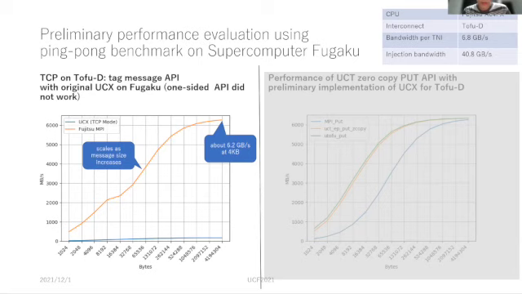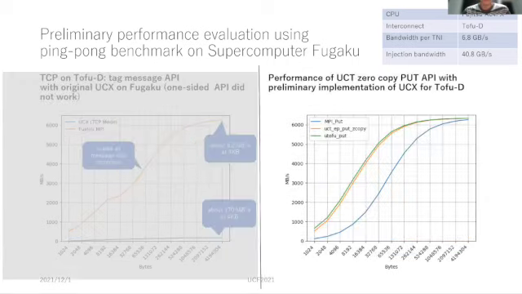However, for UCX with the largest message size, we could only achieve about 170 megabytes per second at 4 kilobyte messages. So this is just one evaluation of the TCP protocol with UCX, but it obviously shows that we need to port UCX to Tofu D if we want to achieve better performance with UCX on the Tofu D network.